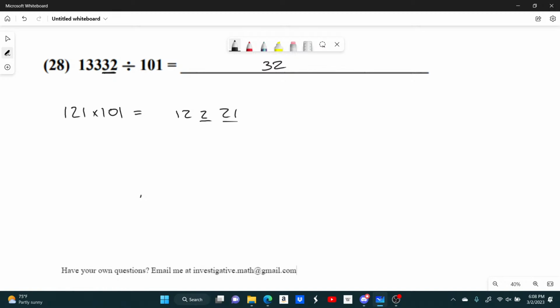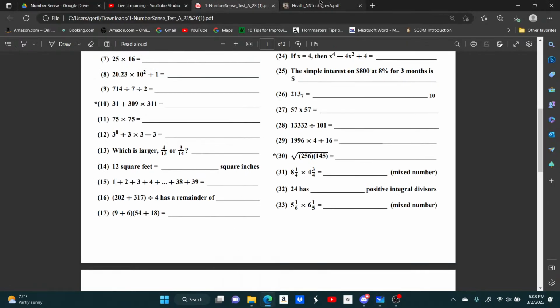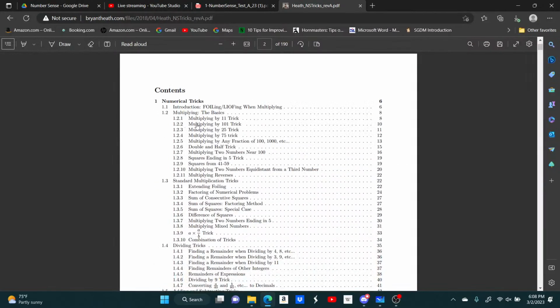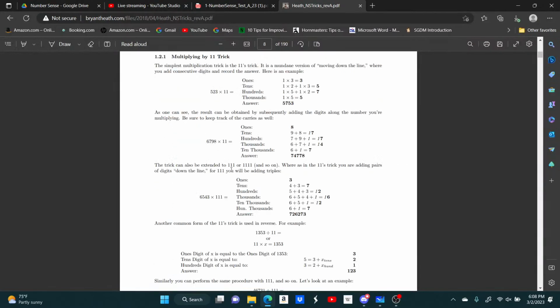And so we see the 3 is here already, so we can tell this is just going to be 132. And then checking it even further, this middle digit here is just the sum of our hundreds and ones. So 1 plus 2 gives you 3. So that requires a little bit of information from that, but you can also find that in this big manual. Multiplying by 101's trick.